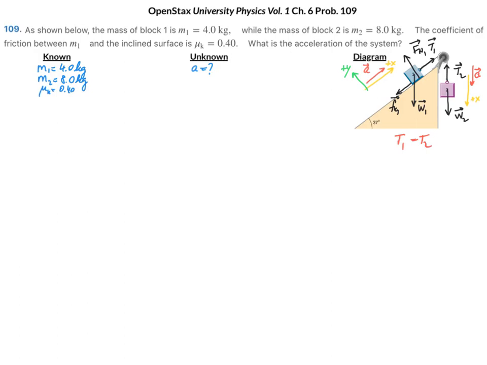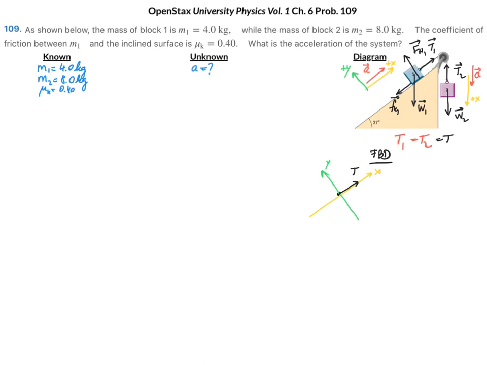So now, since this is so complicated there, I'm going to just draw free body diagrams for the two blocks. And I'm going to start with block 1. So since my x-axis is this way and my y-axis is that way, I only want to draw the forces that are along the x and y axes. So looking at this, I notice that my tension 1 goes this way, and now I'm only going to call it tension T rather than T1 or T2.